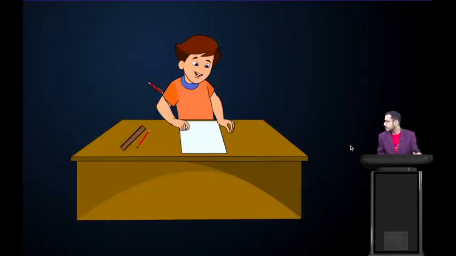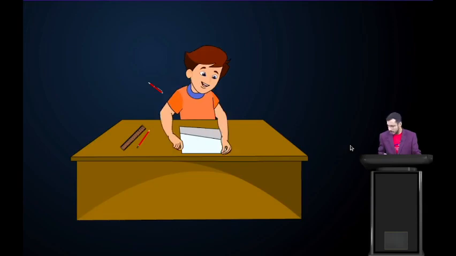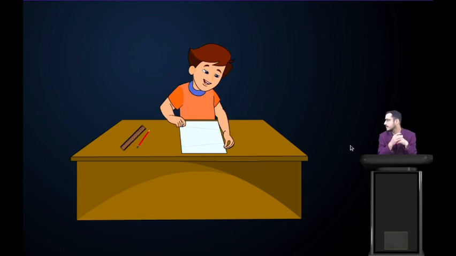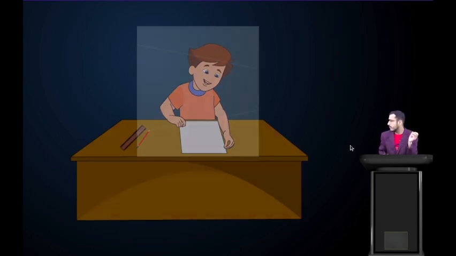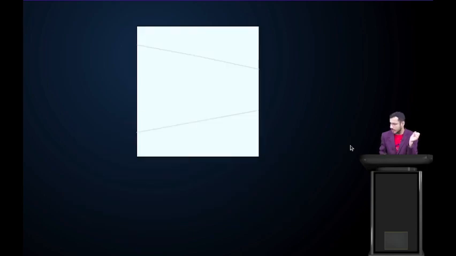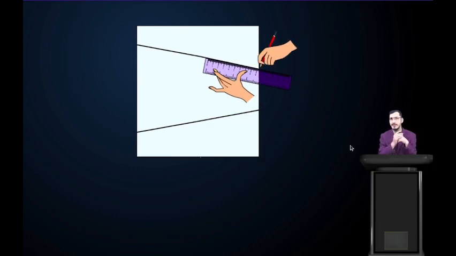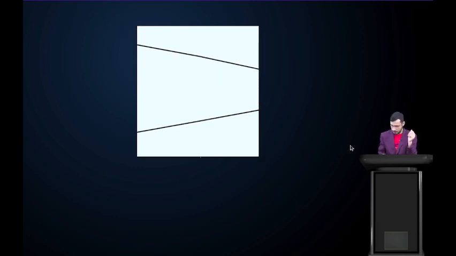Now you can see here the activity. The students formed lines. There are two lines here, line AB and line CD.